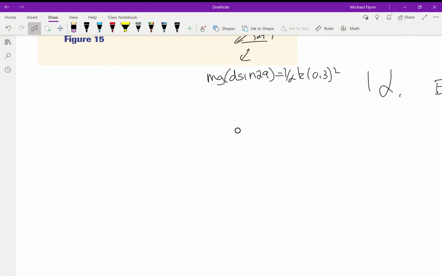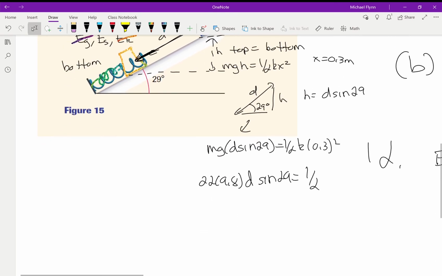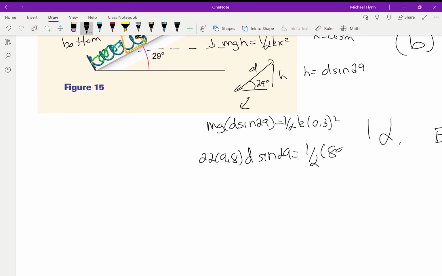So 22 times 9.8 times d times the sine of 29 would have to equal half of 890 times 0.3 squared. And then d is your answer. That's it.